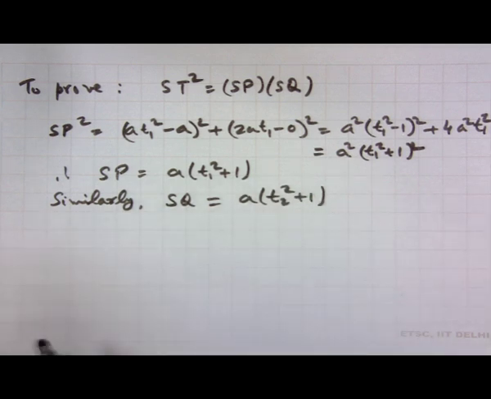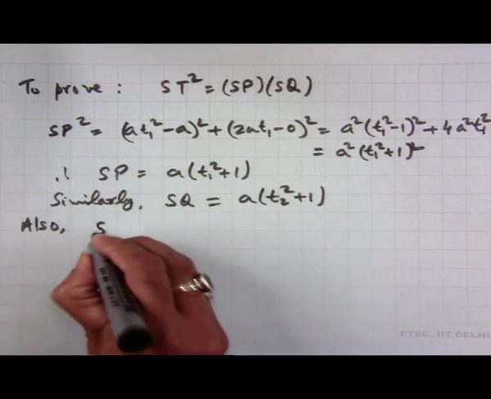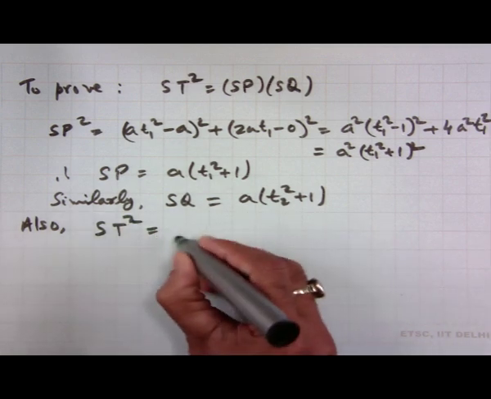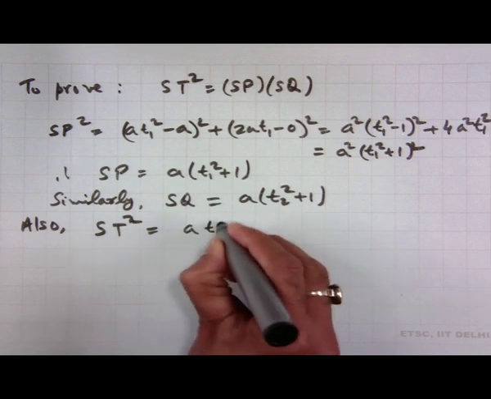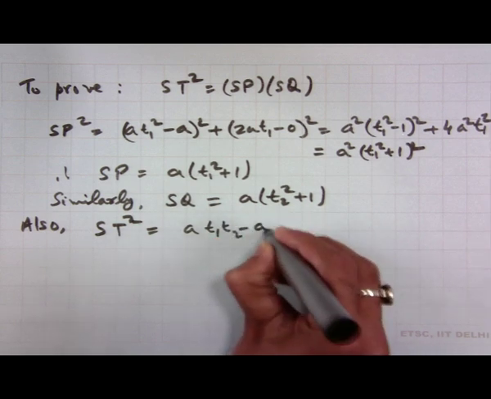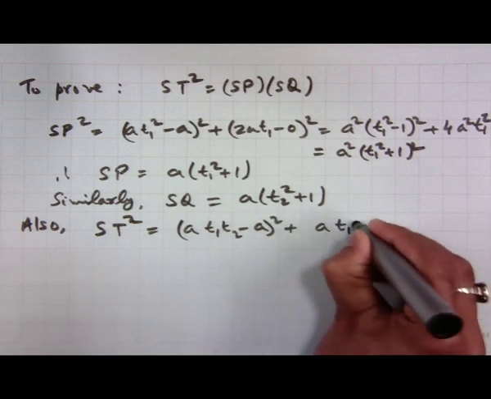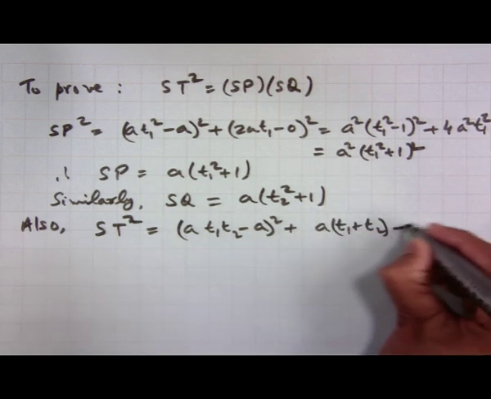And what is ST? Also, ST square is equal to (at1t2 minus a) square plus (a(t1 plus t2) minus 0) square.